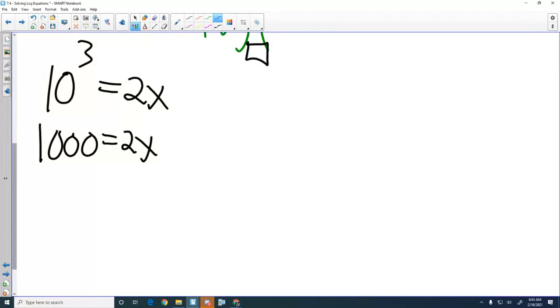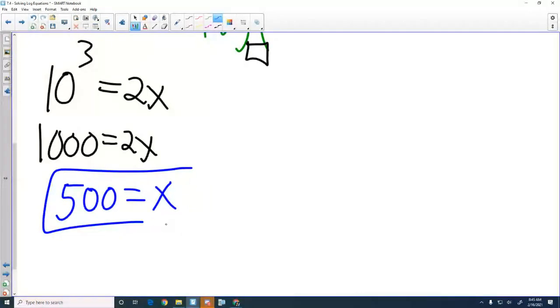Then if we divide by 2, we see, oh, that's just a 500 equals x. Anyone get that? Anyone get 500? Fantastic. Oh, that's awesome. Good job.